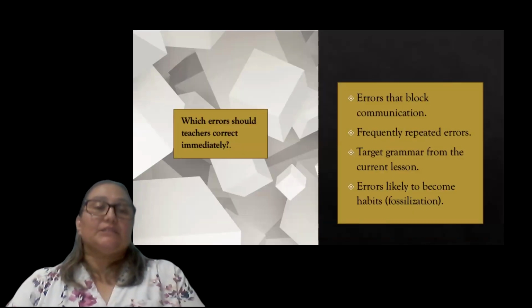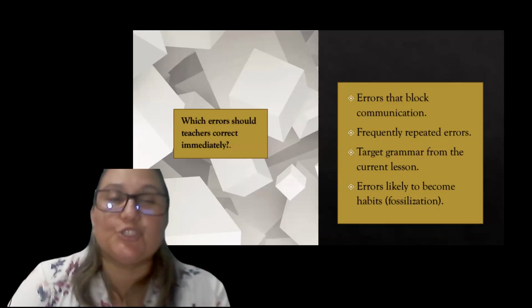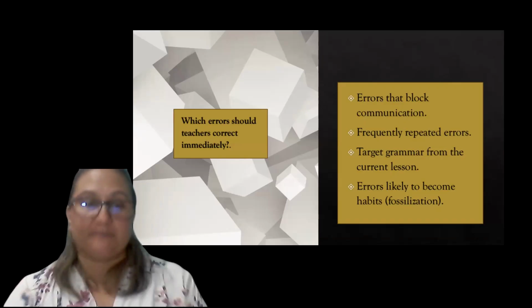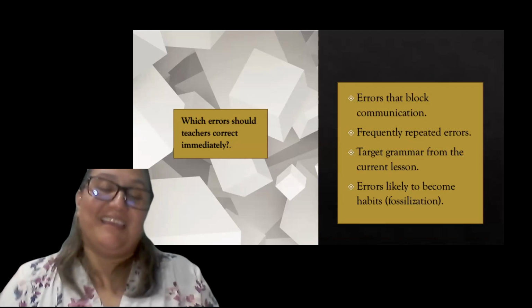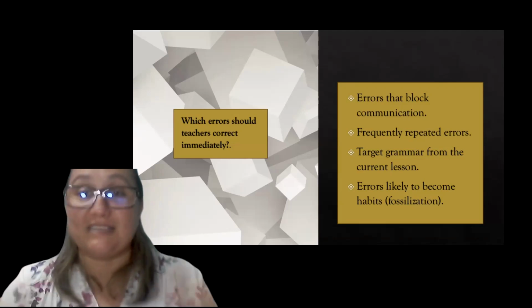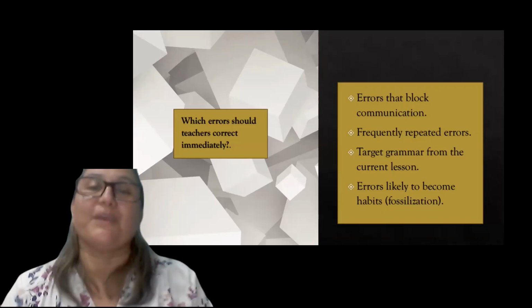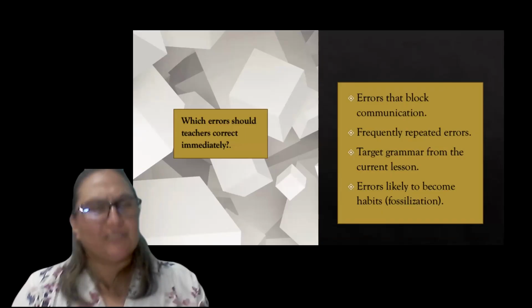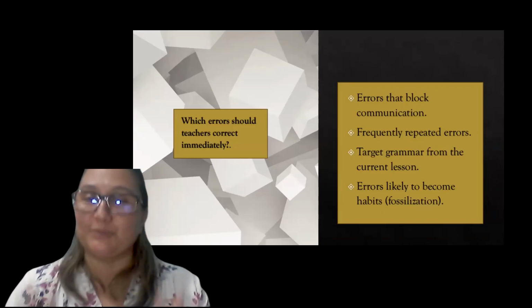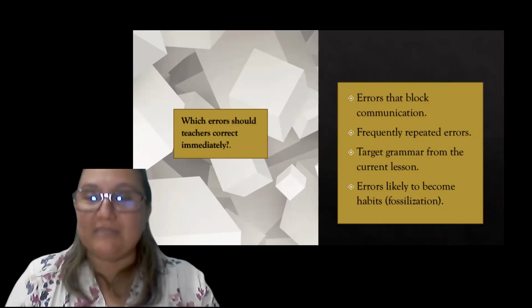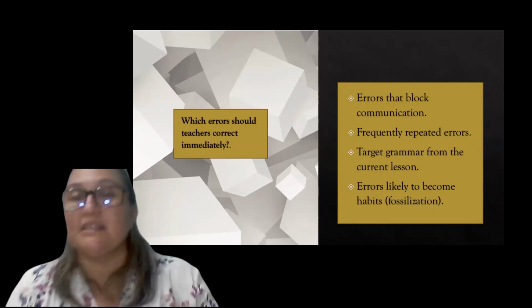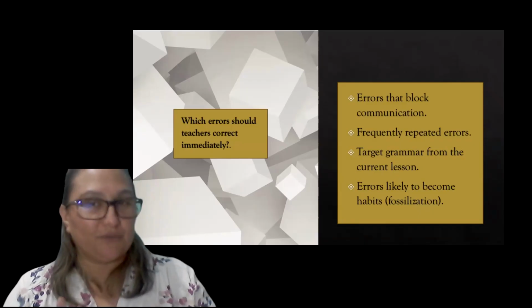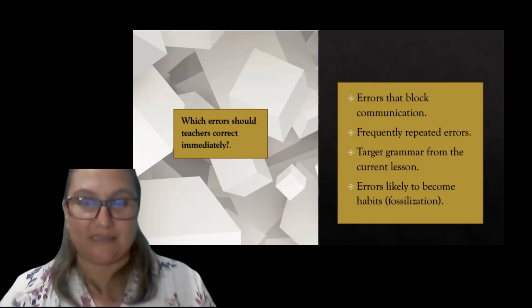Now let's talk about which errors teachers should correct immediately. We know, as a teacher, if you hear a mistake, you want to correct it right away, but wait. Sometimes we need to see when we have to act really quickly, immediately, or when we need to wait a little bit to make the correction.